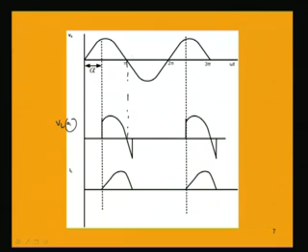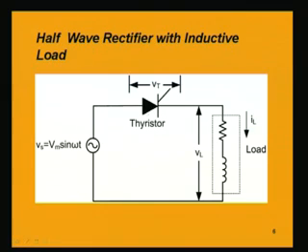From alpha to pi the thyristor is conducting, it is fired at an angle of alpha, then it will be conducting till pi. After pi, the input voltage waveform becomes negative. That is why the thyristor will be turned off.